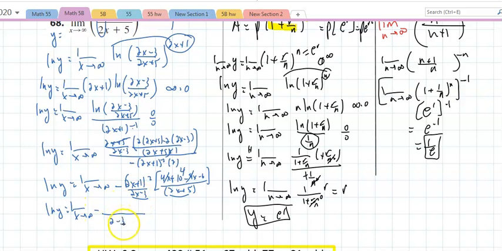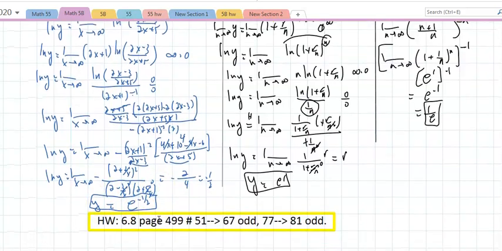So that's 2 minus 3 over x, and that is 2 plus 5 over x, and that is 2 plus 1 over x squared. That will approach 0, 0, and 0, and we'll get negative 2 over 4, which is negative 1/2. So y would equal e to the negative 1/2, and that would be my answer. And there's my homework. That's the second half of this section.